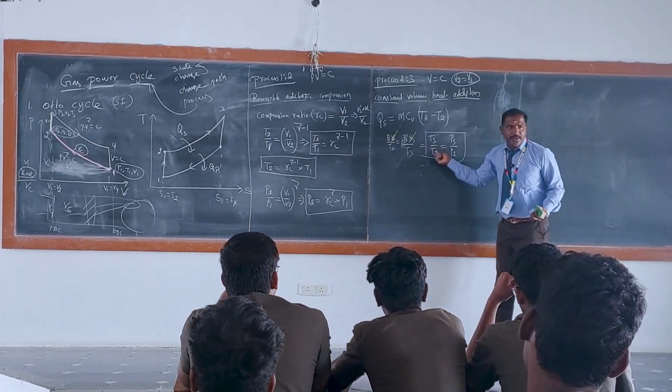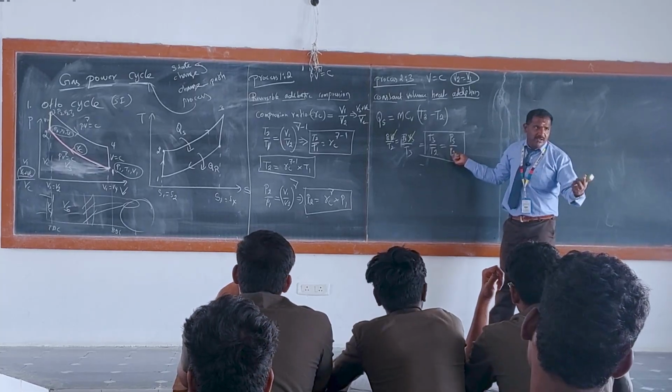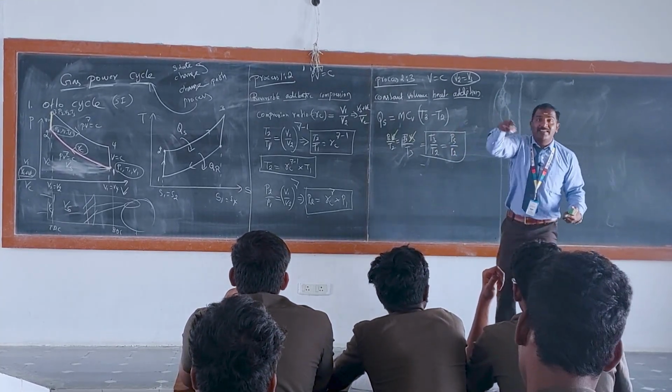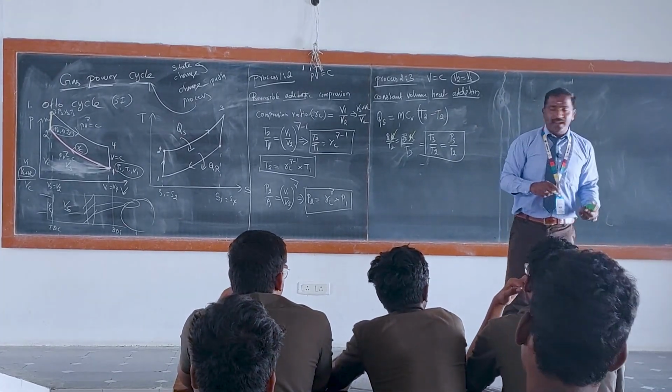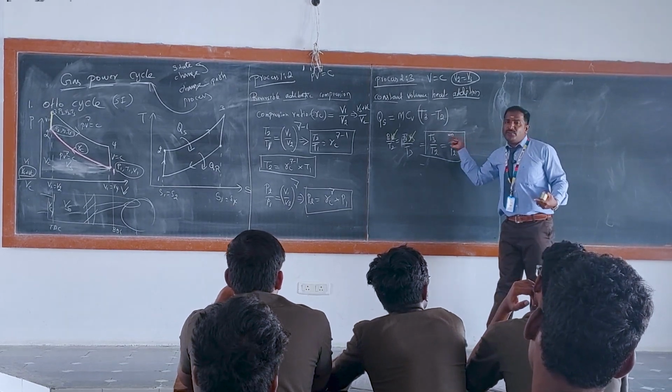Do you know T2? Do you know P2? We found it earlier. These two we don't know, right? Any one we know; in the question they will give one. Either they will give T3, we can find out P3, or they will give P3, we can find out T3.